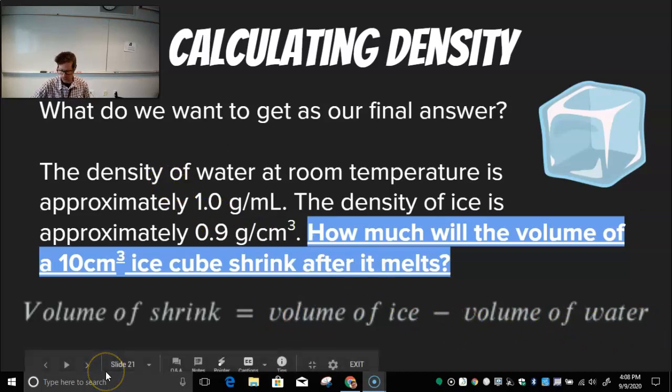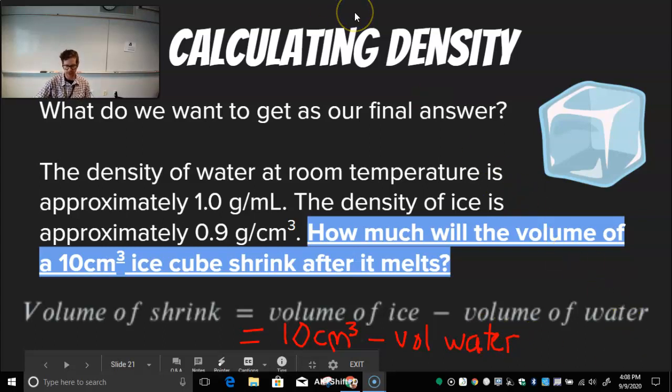And we actually already know that the volume of the ice is 10 cubic centimeters. So we need to figure out what this volume of water is to do the subtraction, which will get us the answer that we're looking for.